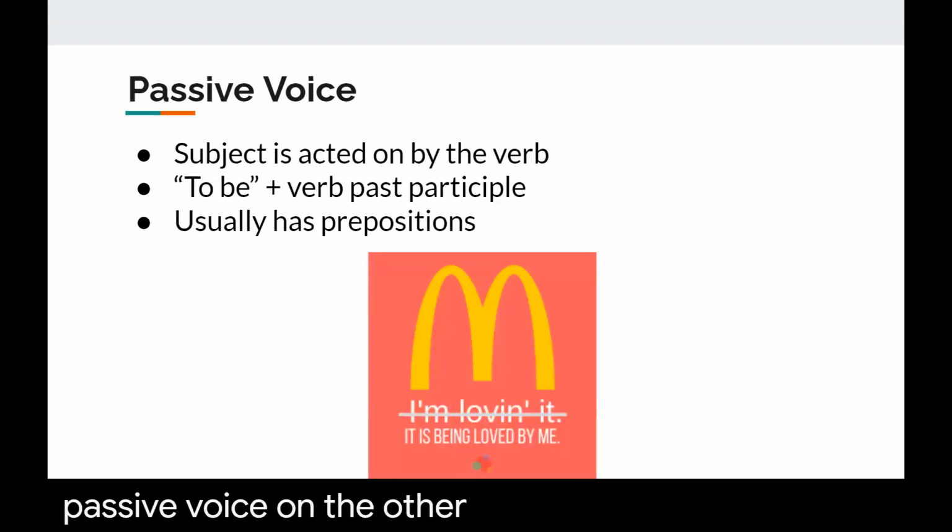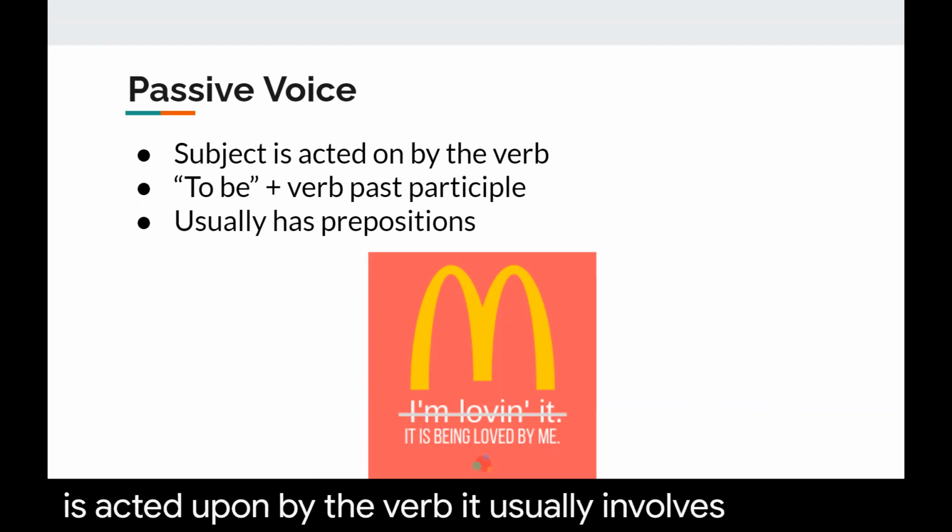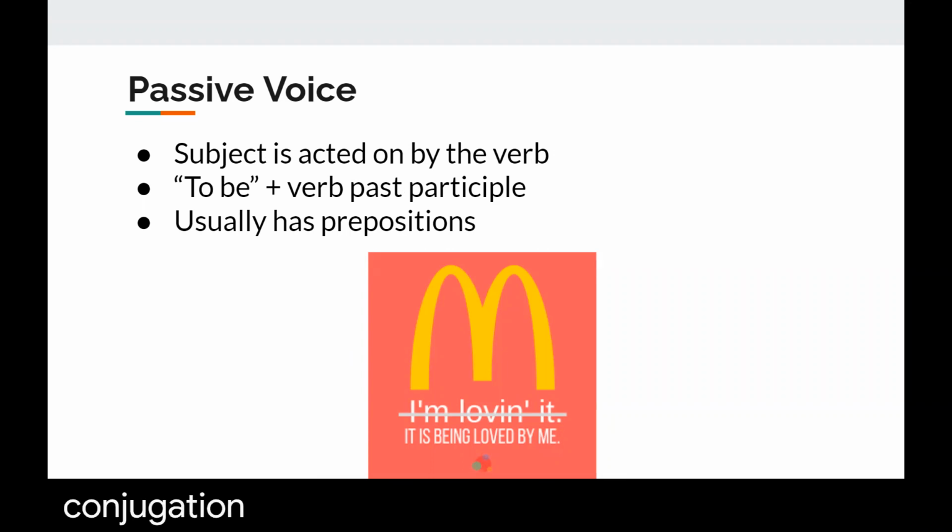Passive voice, on the other hand, is where the subject is acted upon by the verb. It usually involves using a conjugation of the verb to be, such as is, was, and were, plus a verb past participle.